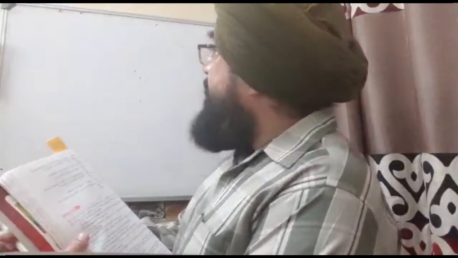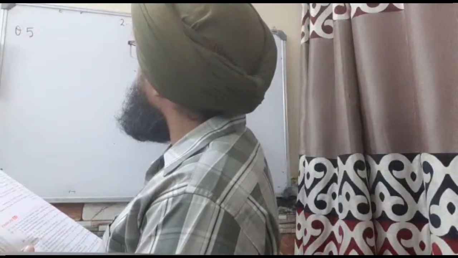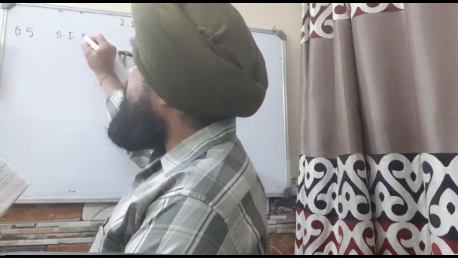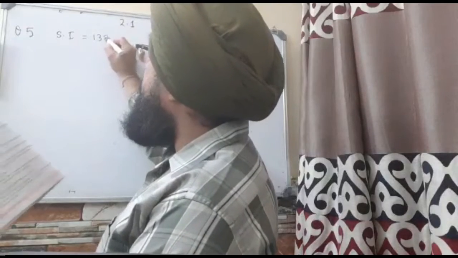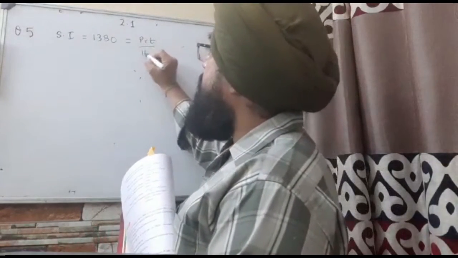I hope you understand that. Question number 5, from exercise 2.1 on compound interest from ML Aggarwal. It says, the simple interest on a certain sum of money for 2 years at 12% per annum is 1380. You know the simple interest is given by the formula PRT upon 100.